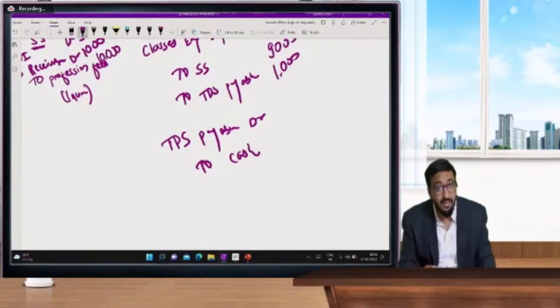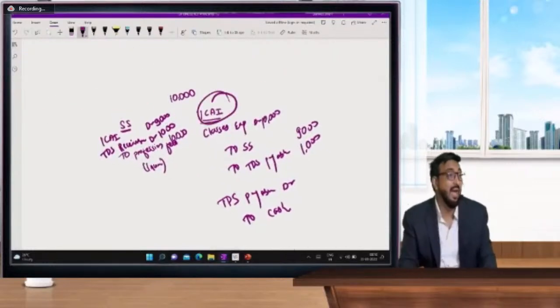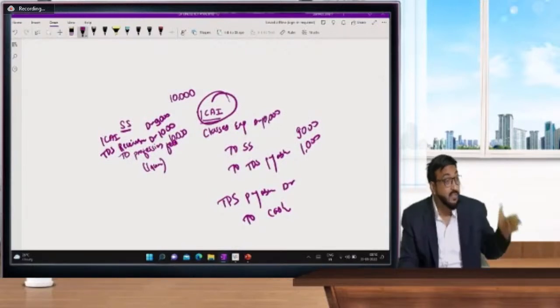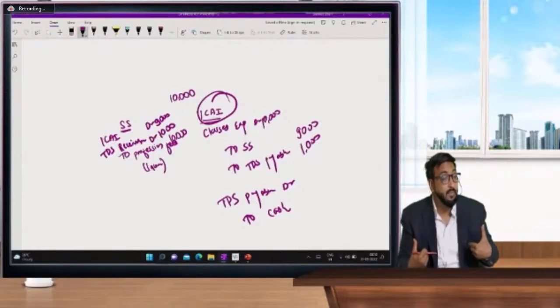So government is saying, instead of this payment by Sanket to income tax department, it is coming through ICAI. Tax deducted at source. Source कहां से आया? Where, from where I am getting money? ICI. So ICI will deduct that tax.